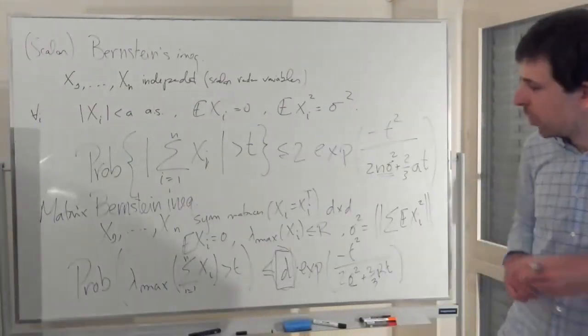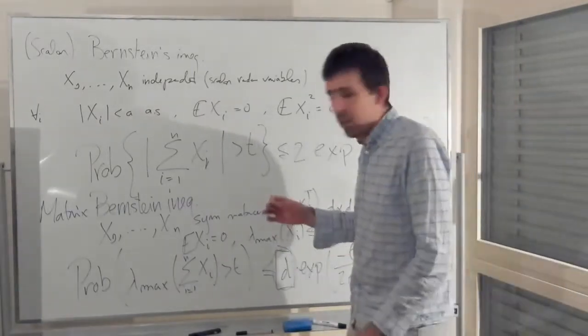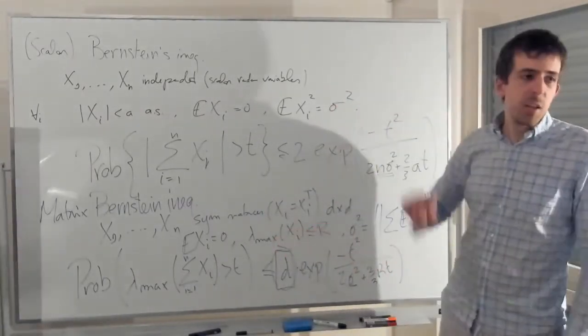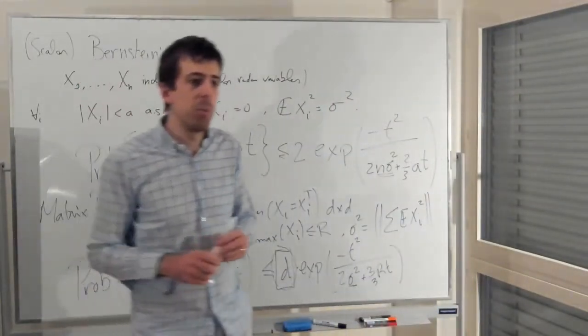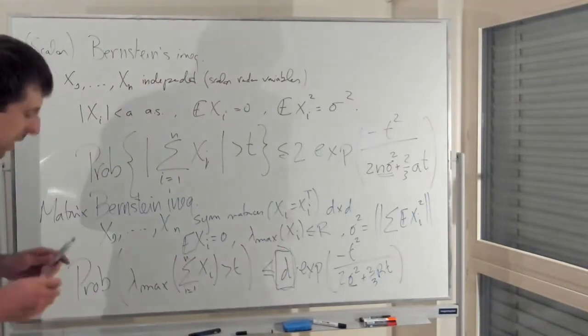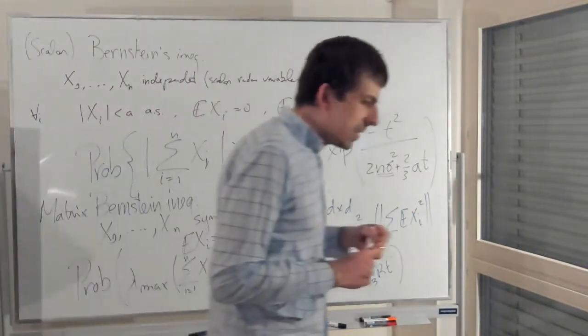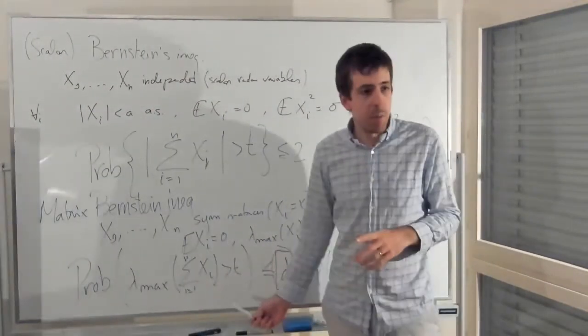If you need to control the error, and the error is somehow spectral, then just like scalar Bernstein works for almost everything, this works for almost any type of spectral problem you might have. Okay? In this class, I will not prove this, although I'll give references for the proof.